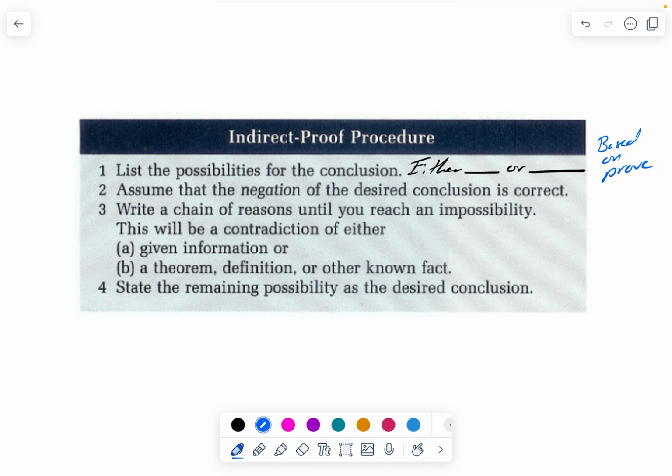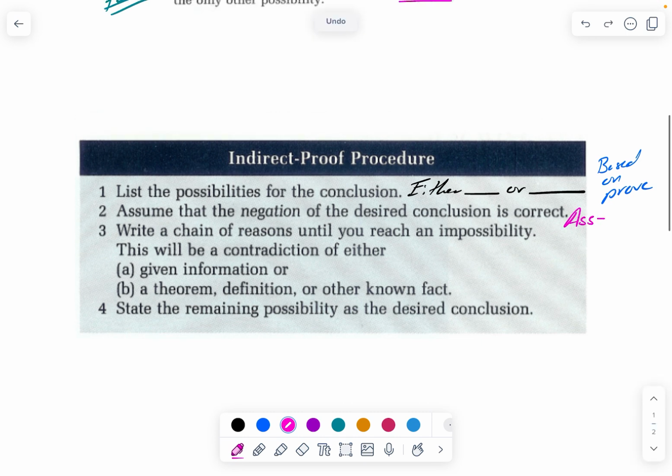And then what we have to do is we are going to assume blank. Assume the opposite of what you want, or not want, of what you are trying to prove.